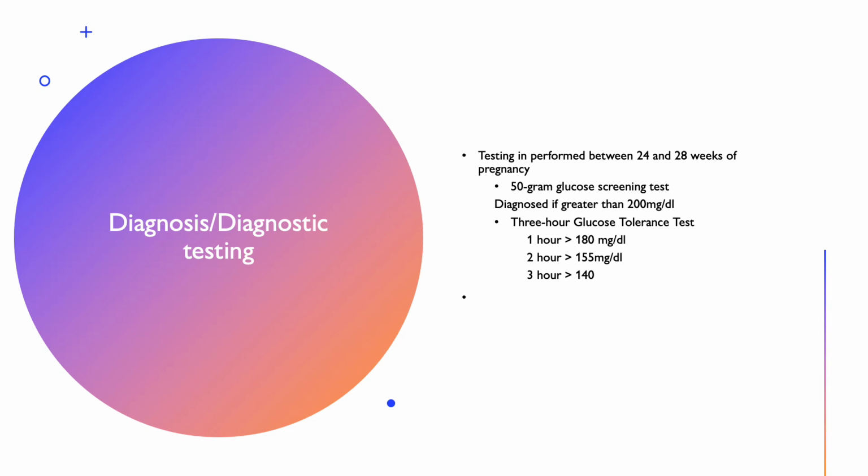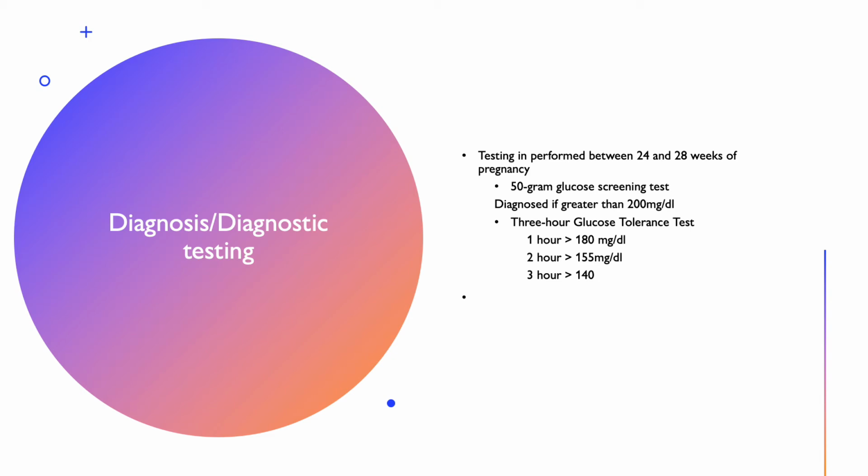Diagnostic testing and diagnosing gestational diabetes. According to the U.S. Preventive Services Task Force, it is recommended that all women be screened for gestational diabetes between 24 and 28 weeks of pregnancy. This is accomplished by performing a 50-gram glucose screening test.